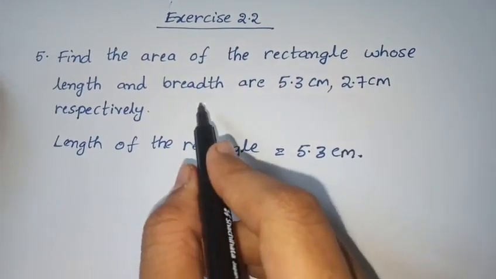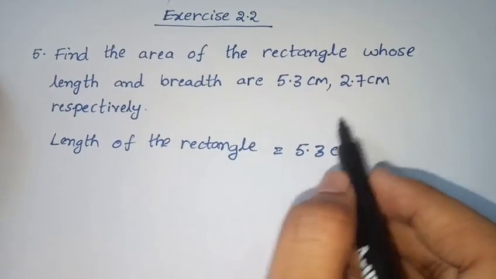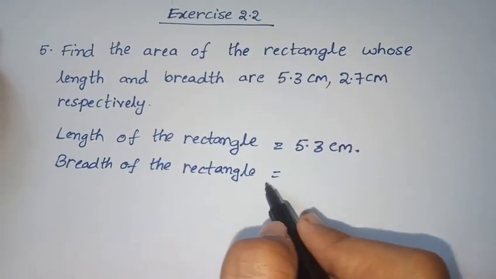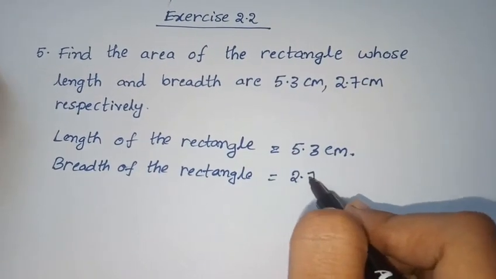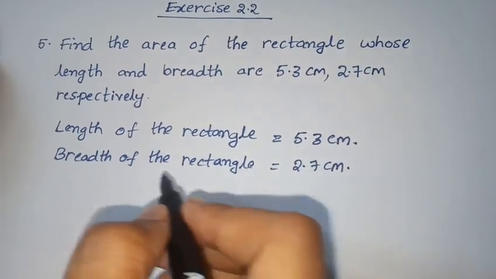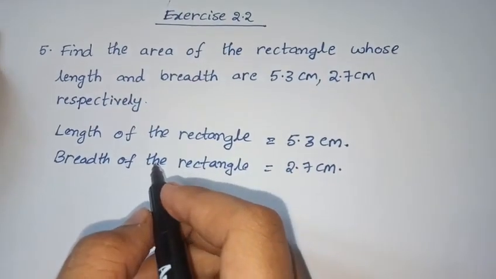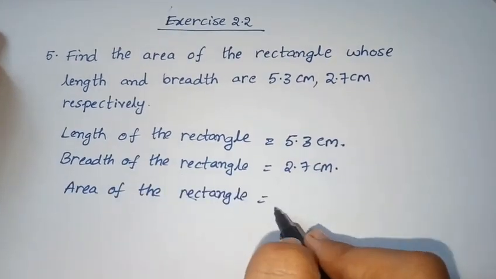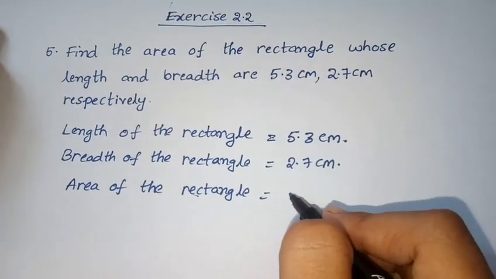Next, the breadth of the rectangle equals 2.7 centimeters. So the area of the rectangle formula is length into breadth.